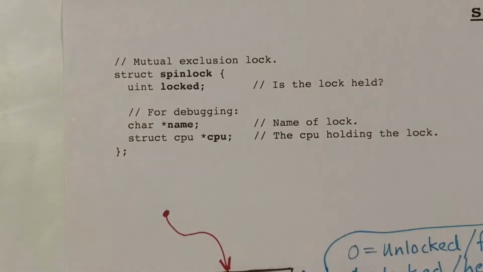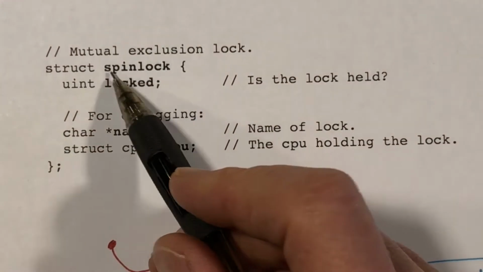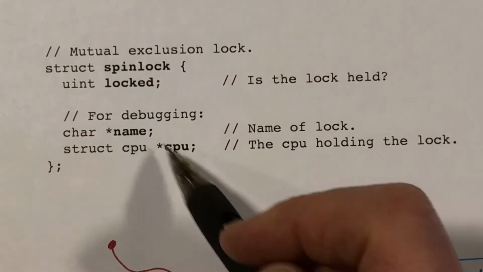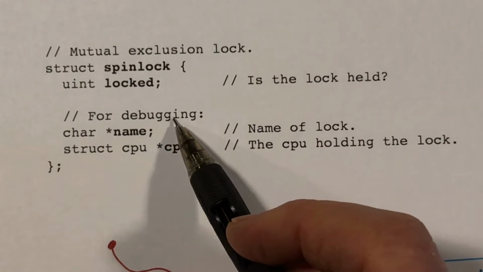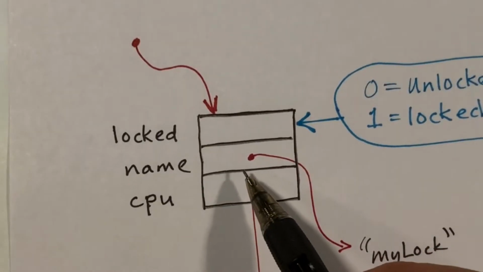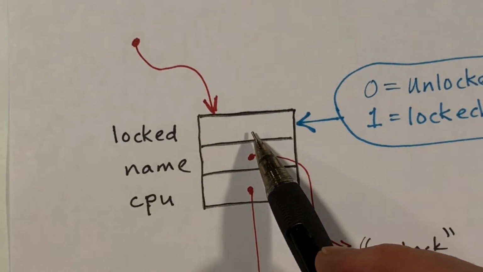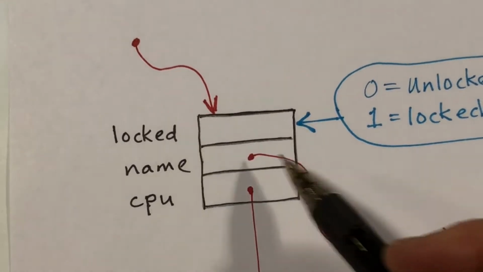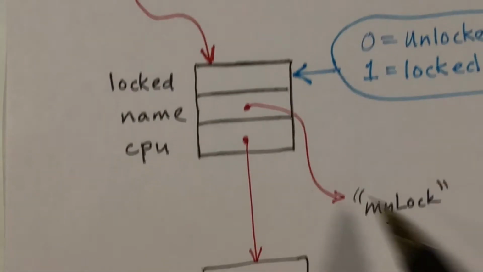Okay, so here is the structure that xv6 uses for a spin lock. There are two other fields here, name and CPU, which you can see are just used for debugging. So here's what a spin lock looks like. In addition to the locked field that tells the state of the lock, we have a pointer to a string, which could be used for debugging.